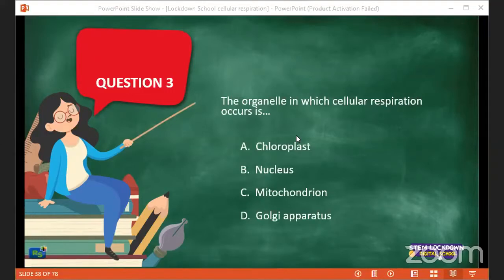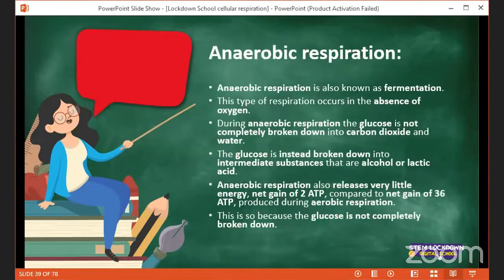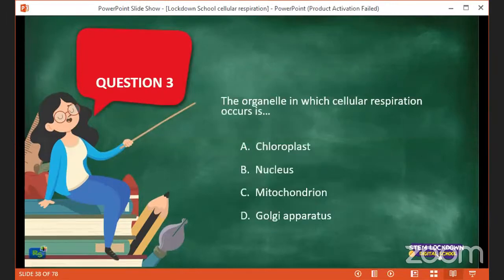Beautiful. Mitochondrion. Right. Let's see if we have more questions. Okay, we have anaerobic respiration, but time is not on our side. So we will start with anaerobic respiration tomorrow.